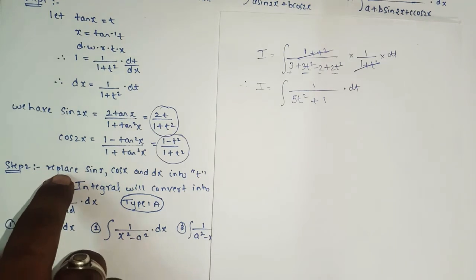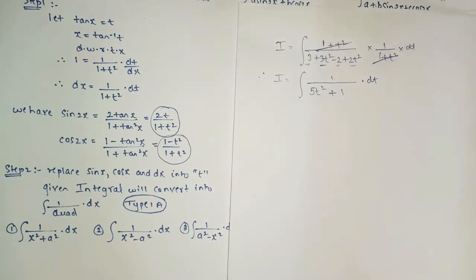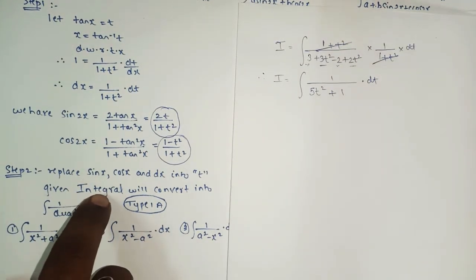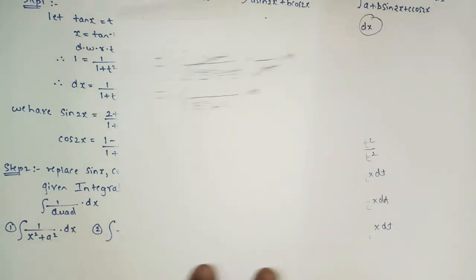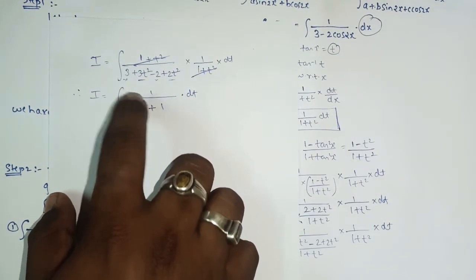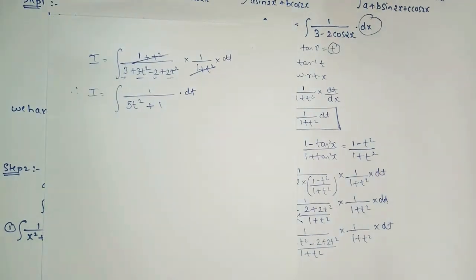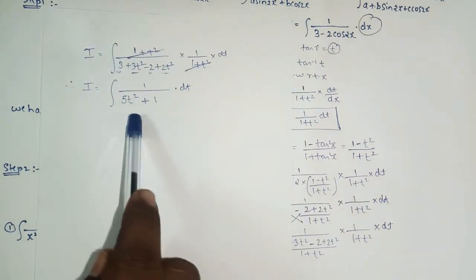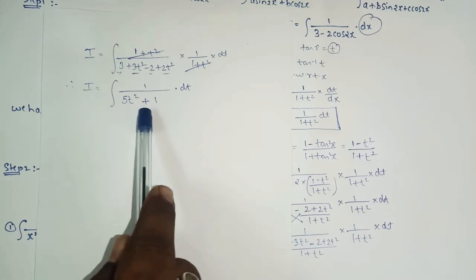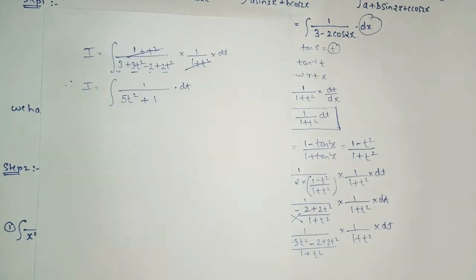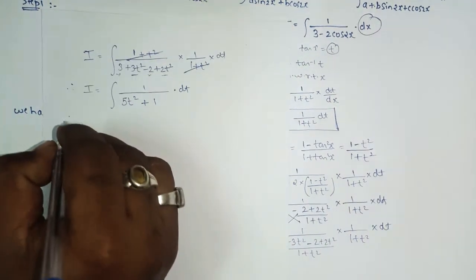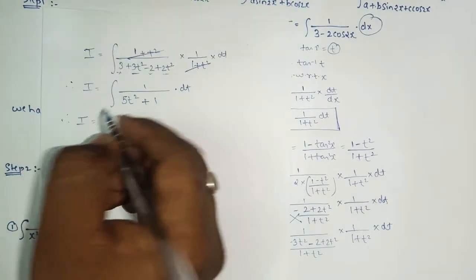As I told, when you replace the values of sine, cos and dx in terms of t, it gets converted into 1 upon quadratic form. As we can clearly see, this is in the form of 1 upon quadratic. As we know, here the middle term is absent, so whenever the middle term is absent, there is no need of using the third term formula, but we'll stick with the concept, the property.